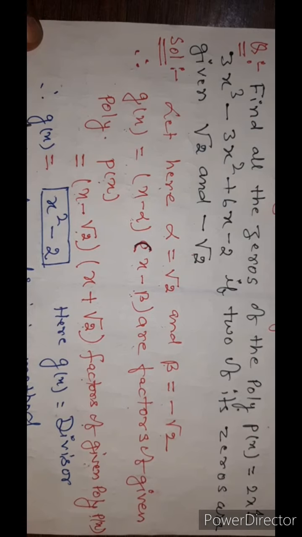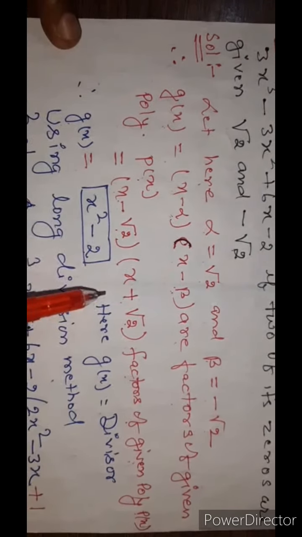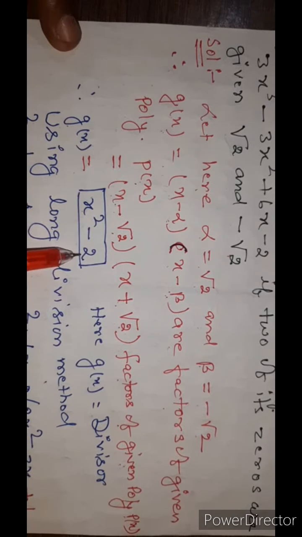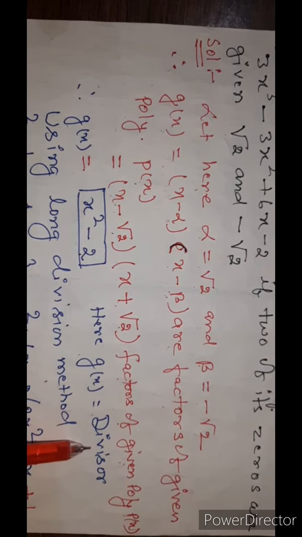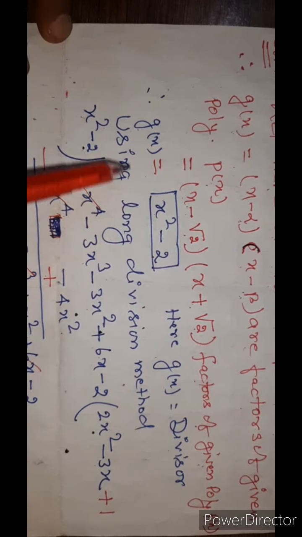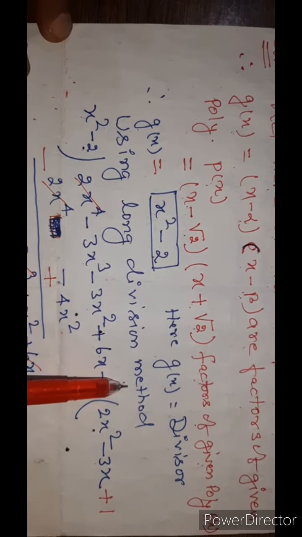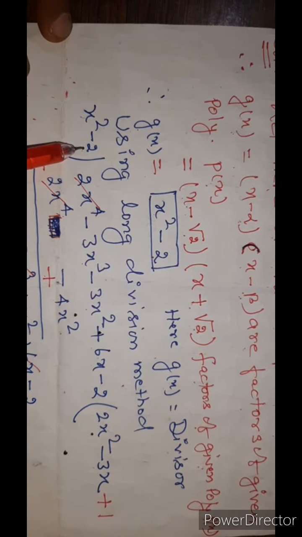So therefore, after multiplying these two, the result is x square minus 2. Here g of x is equal to the divisor. Now using the long division method, divide the given polynomial by x square minus 2.